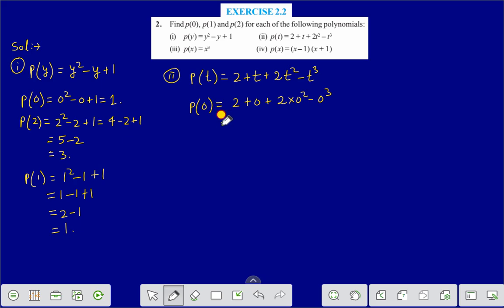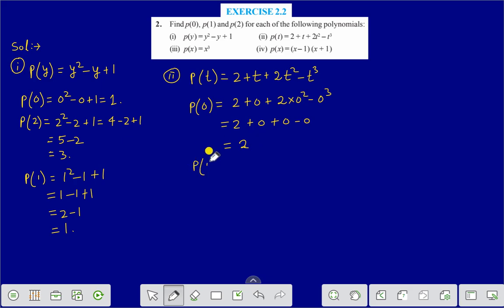We are getting 2 plus 0 plus 2 into 0 is also 0, minus 0. We are getting the value P0 as 2. Value of P0 is 2. Now find the value P1.